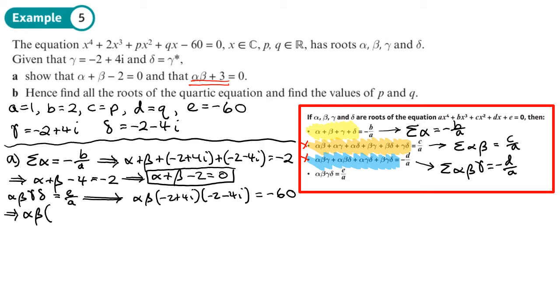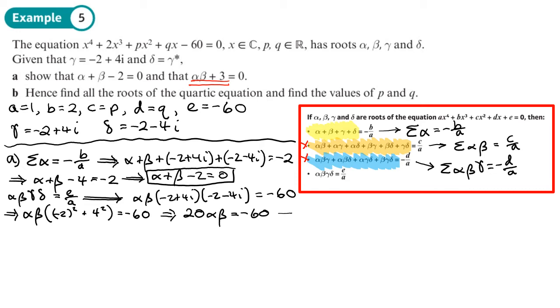So you'll basically get negative 2 squared plus 4 squared equals negative 60. So that's basically 4 plus 16, 20. So that gives me 20 alpha beta equals negative 60.